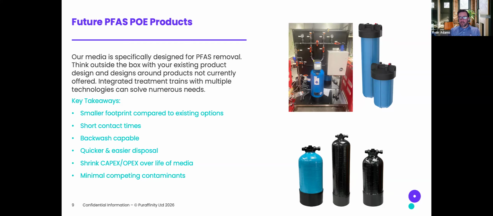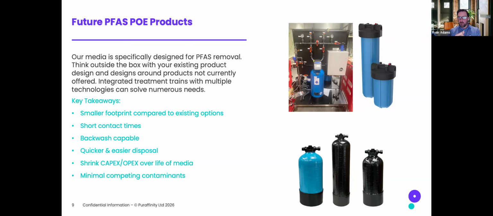You think about it on the POE side, how we can go even much smaller. So I put some tanks on the bottom here. My thing I wanted to point out is if you think along the lines of a softener tank size for RVs. So they're much smaller, much tinier.